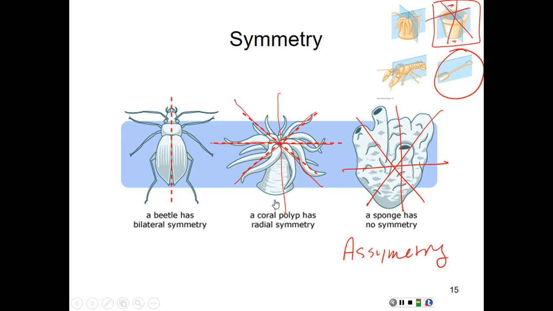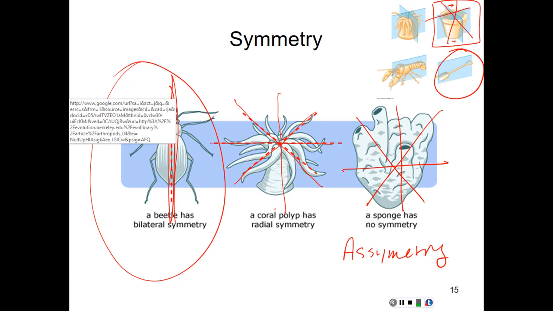An organism with bilateral symmetry, like this beetle, there is only one plane that we can divide this organism down to get mirror images, and that is a midline right through the center that will divide the left and the right sides into mirror images of each other.